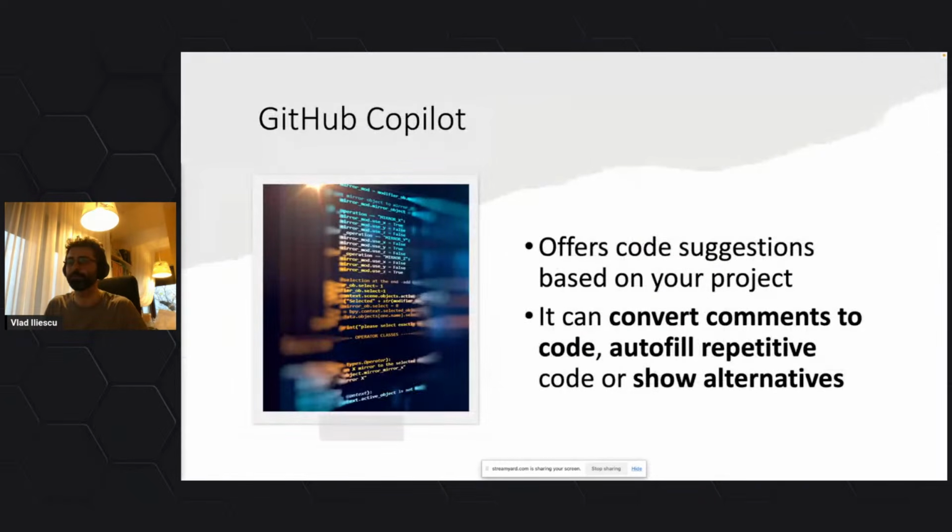GitHub Copilot, right? Now, if this were a room, I would ask you to raise your hand if you've used AI-assisted development. I think that's going to be the buzzword of the year. I'm guessing a lot of you have heard, if not used, ChatGPT, GPT-4, maybe even something more exotic from Anthropic like Claude.